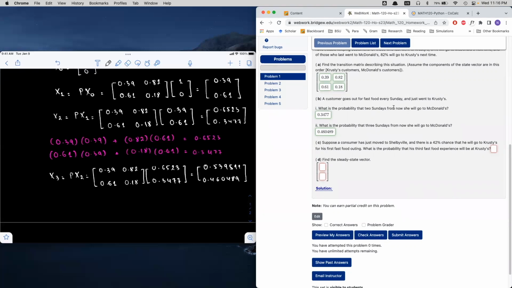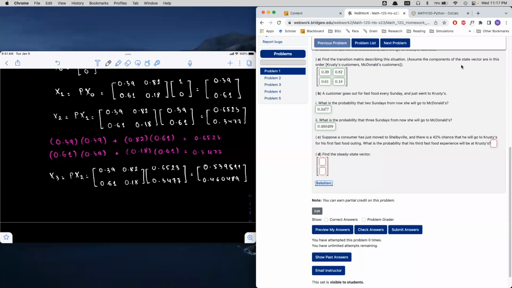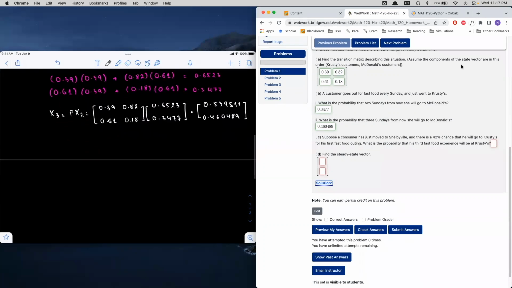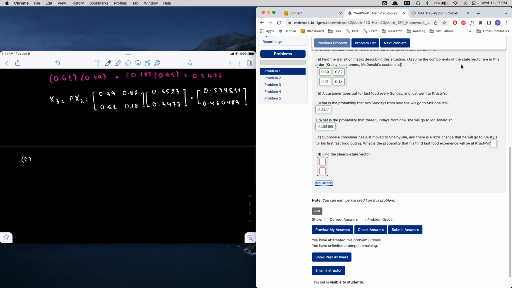It is no longer 1, 0, but instead 0.42 and 0.58. So the initial state matrix x0 is equal to 0.42, 0.58.